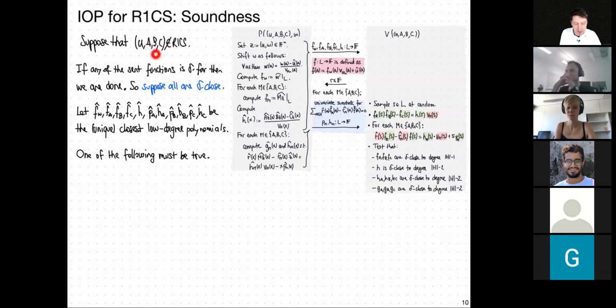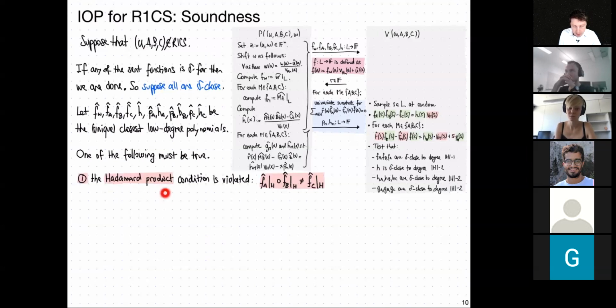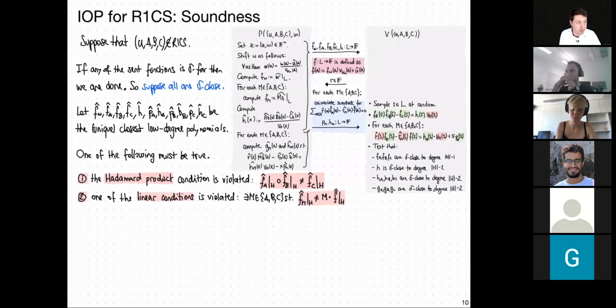Because the instance is not satisfiable, one of the following must be true. Either the Hadamard product condition is violated for the closest polynomials, or one of the linear conditions is violated.